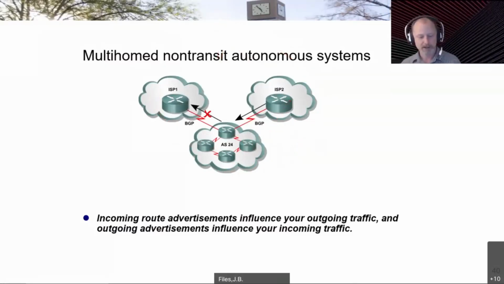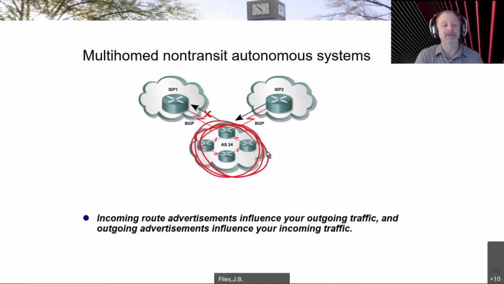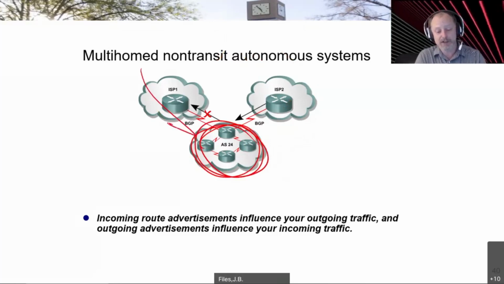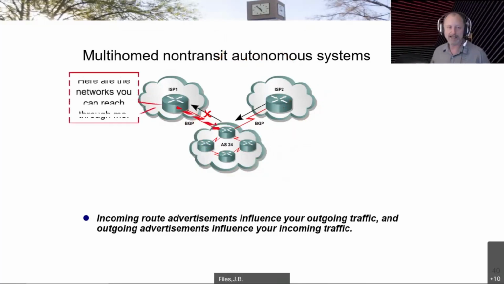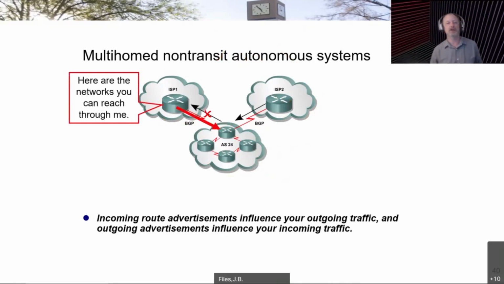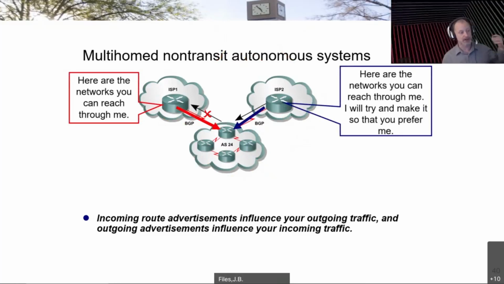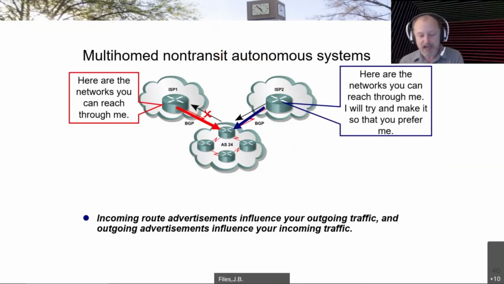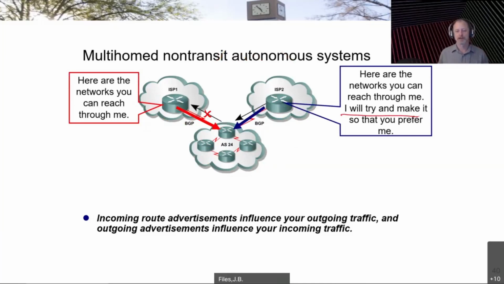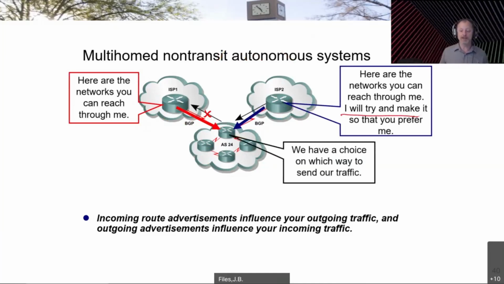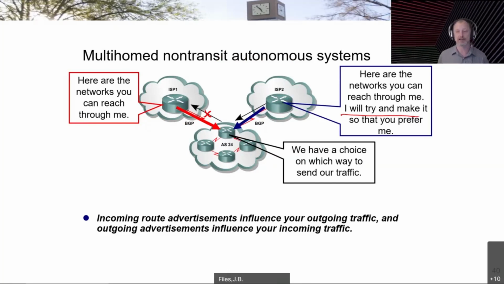And our outgoing advertisements, what we are advertising, is going to influence the incoming traffic. So ISP1 says, here are the networks that you can reach through me. ISP2 says, here are the networks you can reach through me. And this one says, I will try and make it so that you prefer me. Our router says, okay, we have a choice of which way to send our traffic.